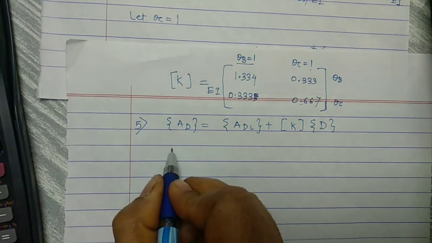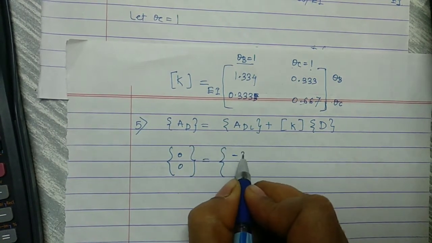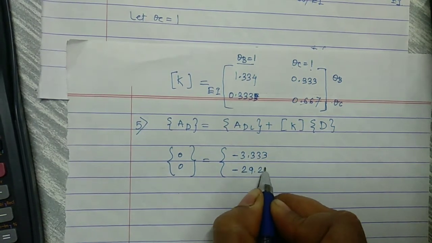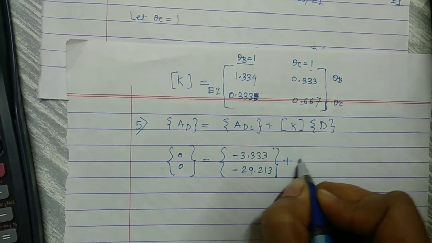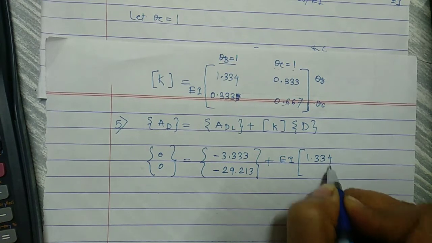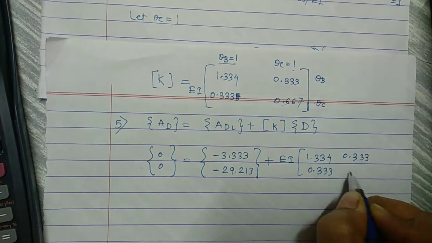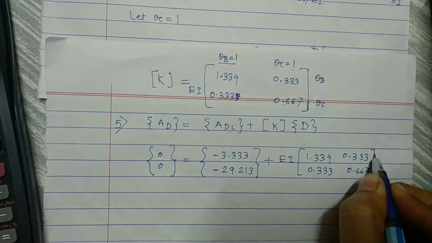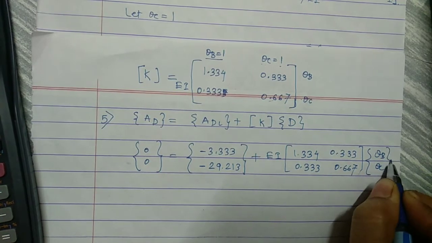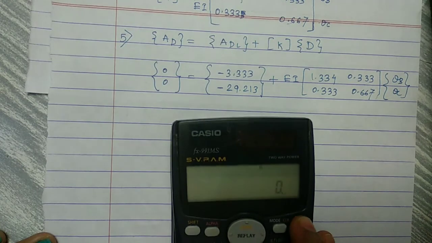So just collect all the elements from previous steps: minus 3.333, minus 29.213, plus K matrix EI: 1.334, 0.333, 0.333 and 0.667, into delta, that is the unknown rotations theta B and theta C. Calculate this equation, you will get your answers for theta B and theta C.